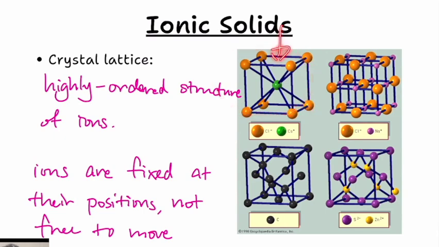Imagine you apply a force to compress it from top to bottom. Then 1, 2, 3, 4, 5, 6, 7, 8, 9, 10, 11, 12, about 12 ionic bonds will support it. So it's very difficult to change its shape.